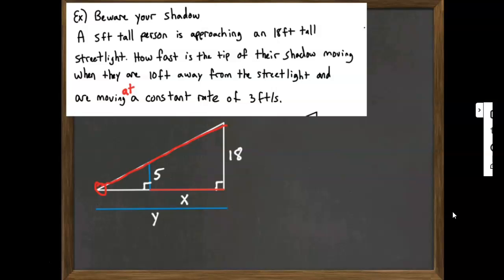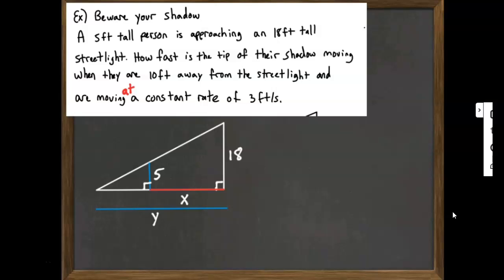Okay, and so the tip of your shadow is going to be down there. That's going to be the top of your head. And that's also going to be moving as you start walking towards the street light. As you're walking towards the street light, you look behind you, your shadow moves. Your shadow is moving along with you. Creepy little thing.